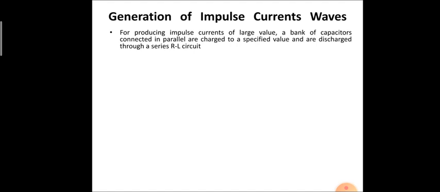The Marx circuit which we had done in the last video was the circuit required to generate high voltage impulse, so that the high voltage apparatus which I want to set up outdoors is tested first in the lab. The apparatus has to be tested for high voltage impulse and high current impulse also.